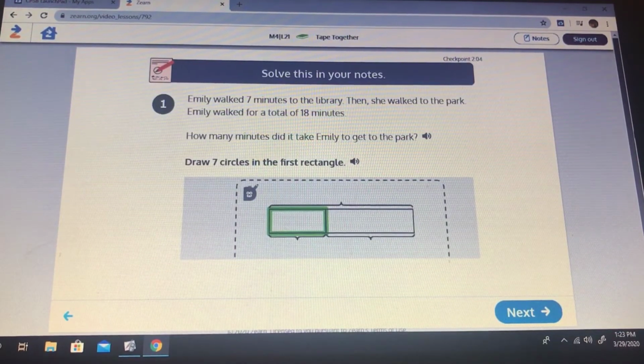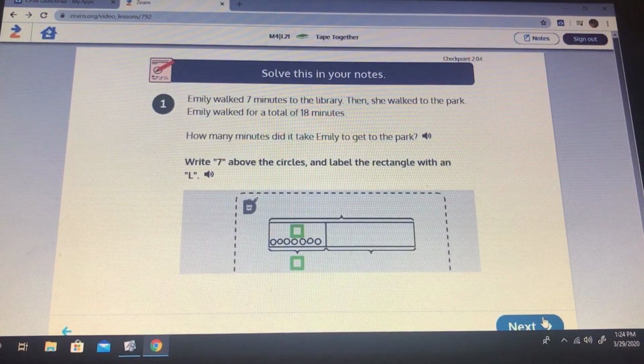Well, because Emily walked 7 minutes to the library. So those 7 circles represent the 7 minutes that she walked. Don't forget, above our circles, we must label it with the number 7, and we must put an L here at the bottom because it took her 7 minutes to walk to the library.